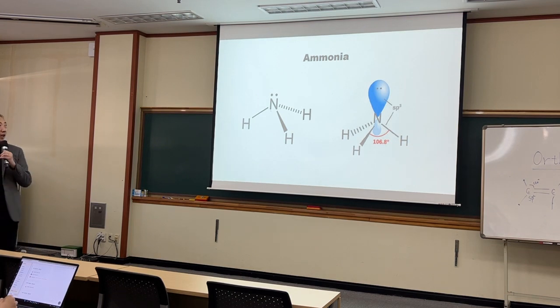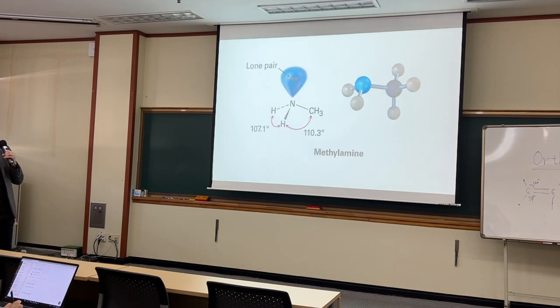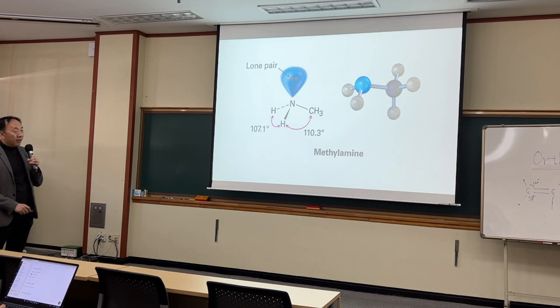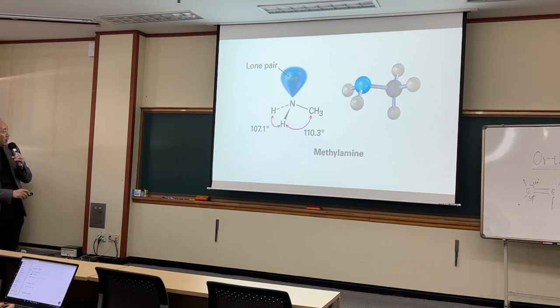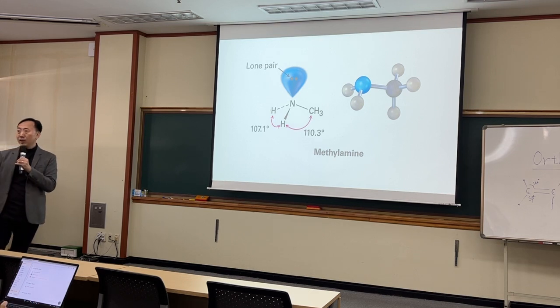Now, if instead of a hydrogen you add a methyl group, a little bigger, then we see the symmetry is a little broken. In this case, this is bigger, so it can push this hydrogen this way. So originally 109, 107, but this is a similar 107. This one is 110 because it pushed this. Wait a second.